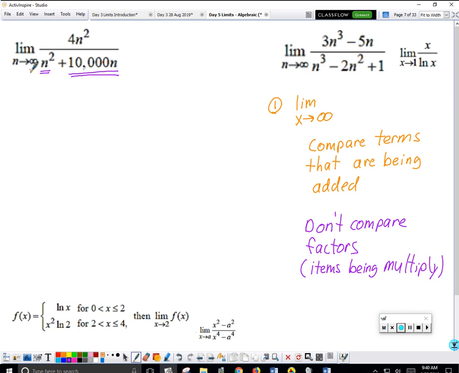An elephant steps on the scale. You read the weight of the elephant. If an ant happens to crawl onto the scale, you probably won't even notice. The same thing is happening here. When n is really big, these two things are going to add together, just like the elephant does add with the weight of the ant. But this one is so much larger, you don't even notice this. So it's negligible.